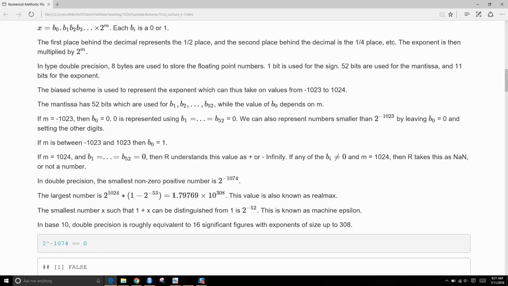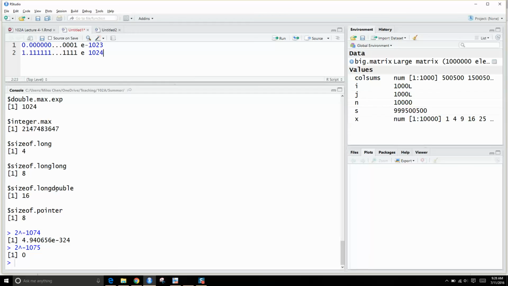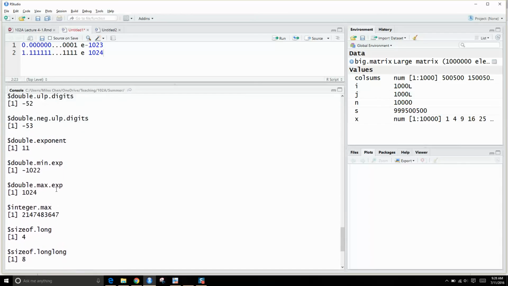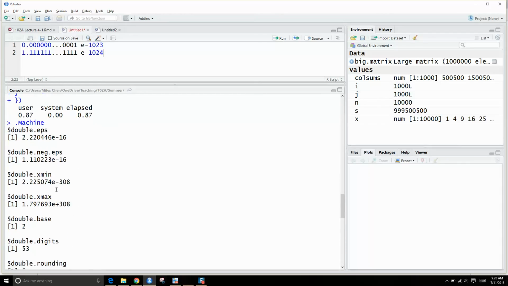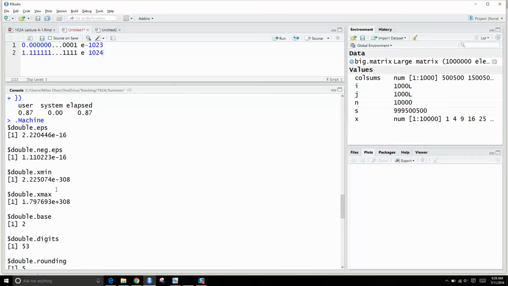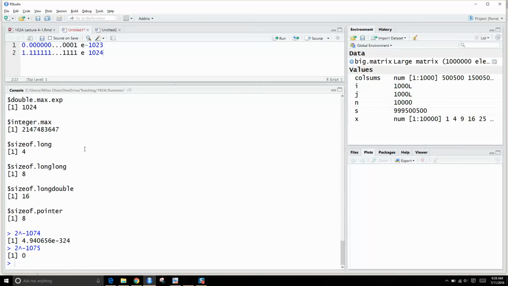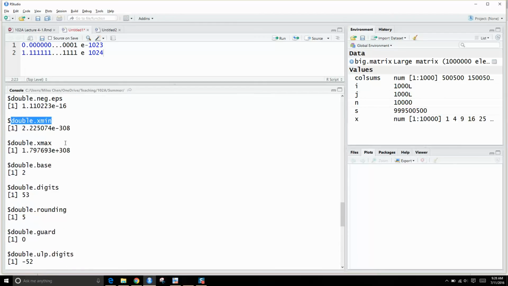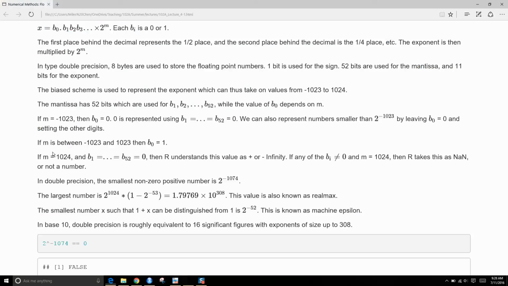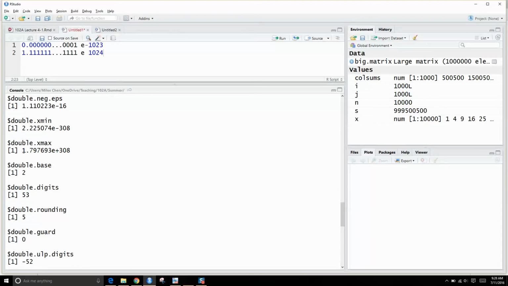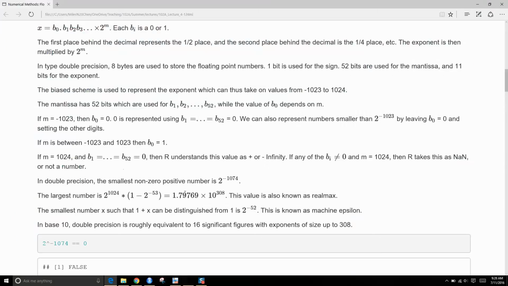This is something on this order times 10 to the 308, and then we can see that by looking at double x min, which is the smallest value that we can represent, right here. Okay, and then the max. This is kind of our real max here. This value right here, this is known as real max.